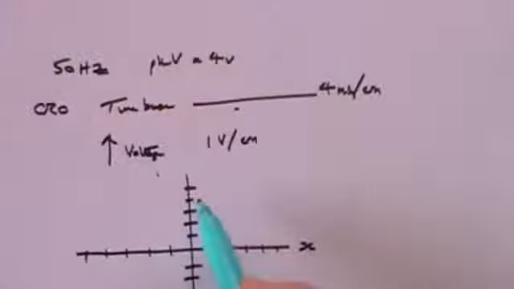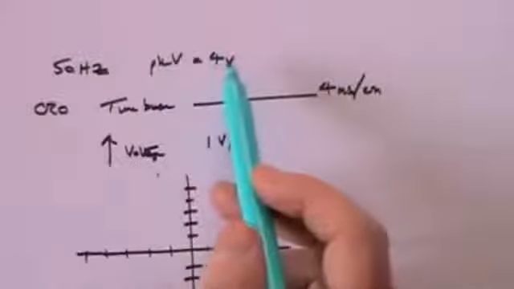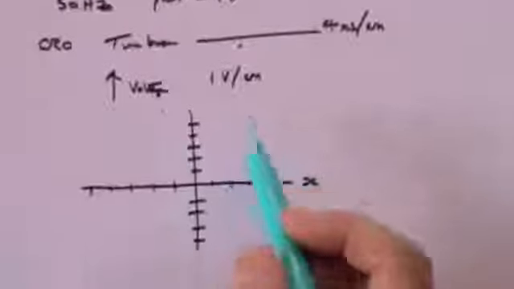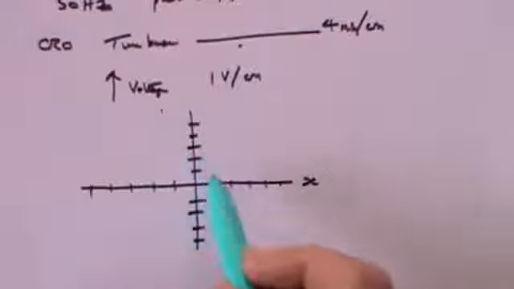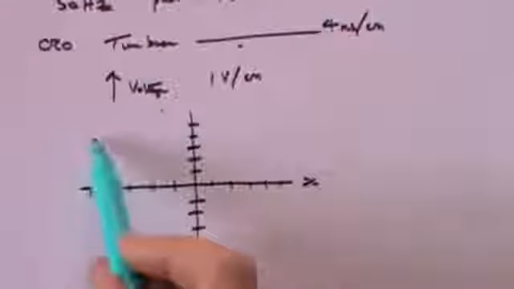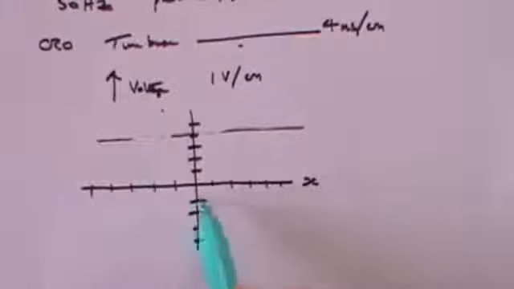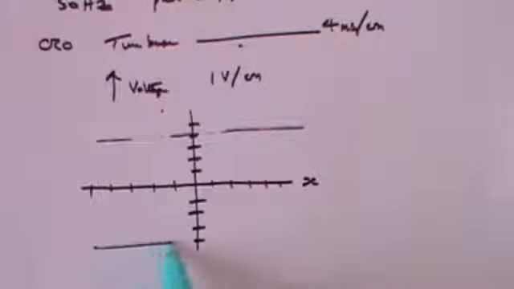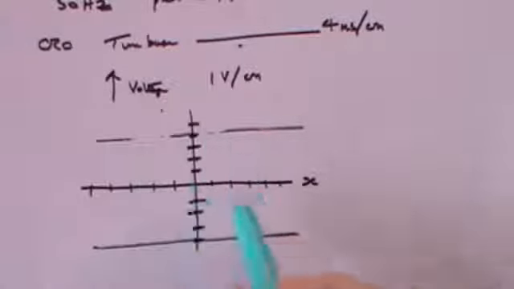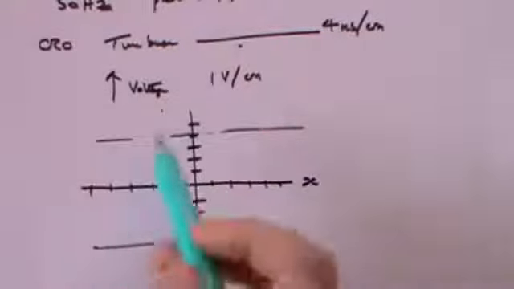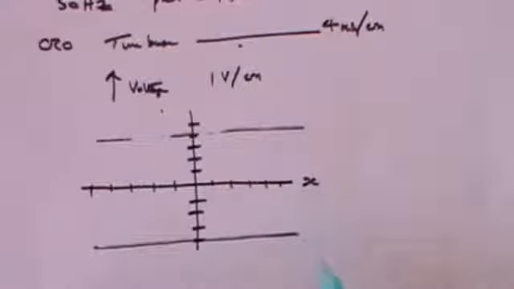So every one of these is a volt. So since the peak voltage is 4 volts and it's an alternating current, we're going to get 1, 2, 3, 4 divisions up where the peak voltage is, and similarly 1, 2, 3, 4 below, because it's an alternating current, so it's going to peak between +4 and -4 volts.